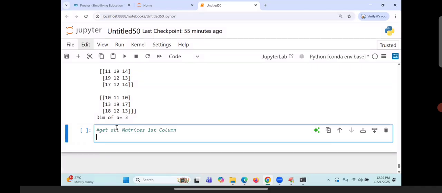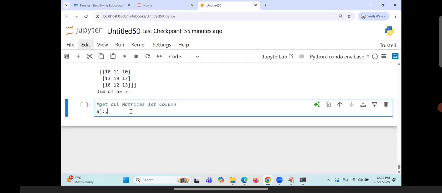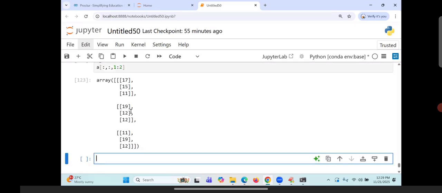So please participate, all of you. Come on, start. Colon. Why colon? All matrices, first column. First column means what? All rows. What is all rows? Colon. Columns. 1:2. Beautiful.